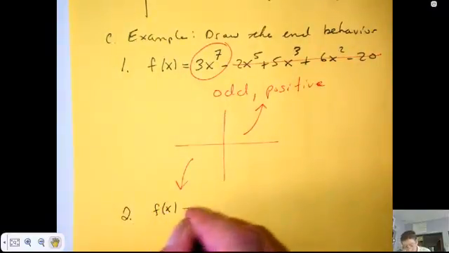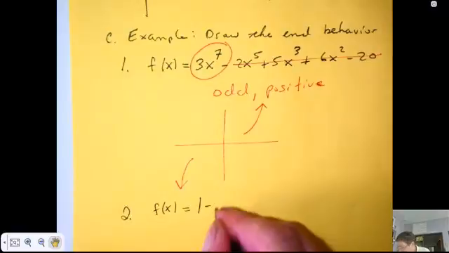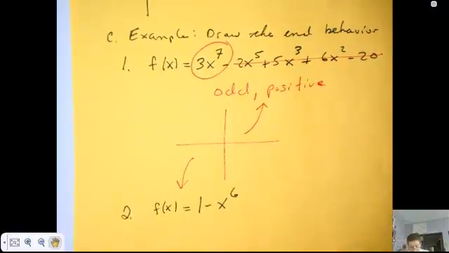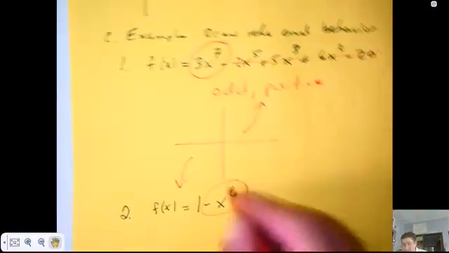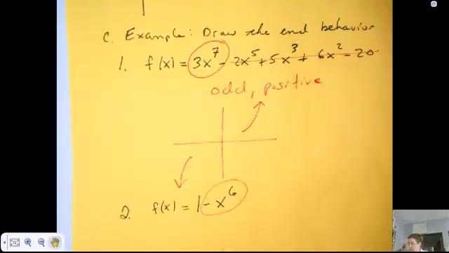f of x is 1 minus x to the 6th. You ask yourself, is it even or odd? Even. Now these terms are out of order, but this is the leading term. So the 6 would make it even.